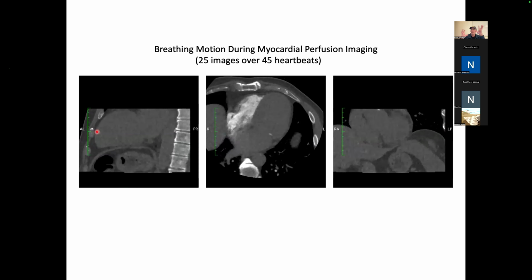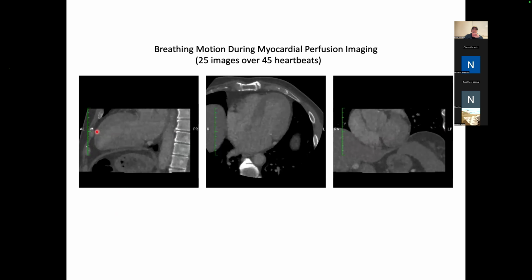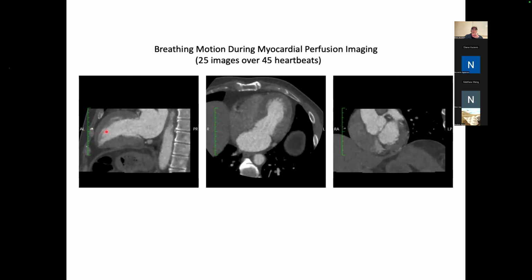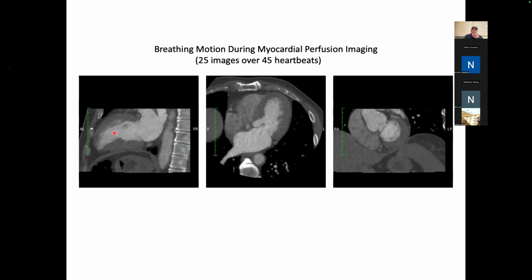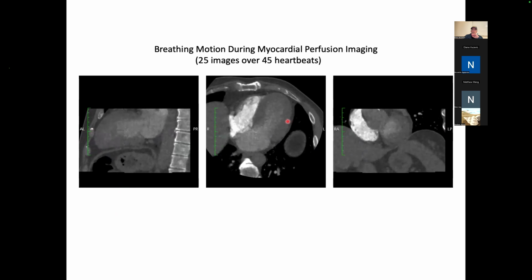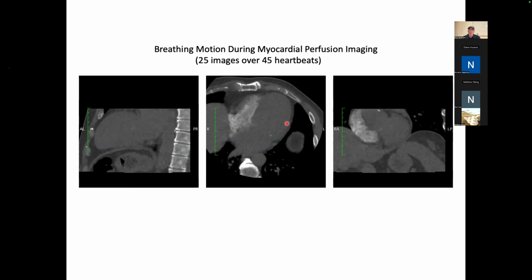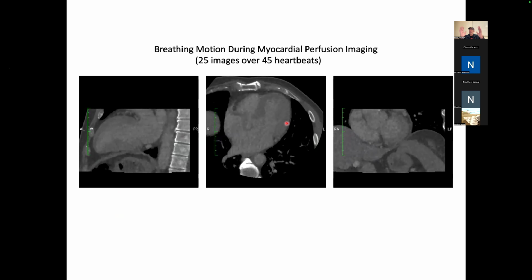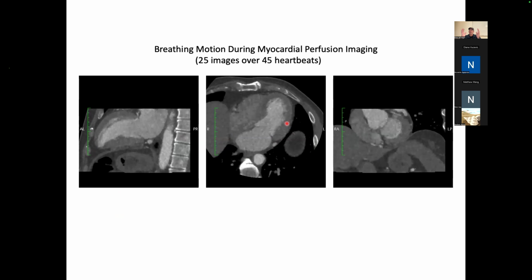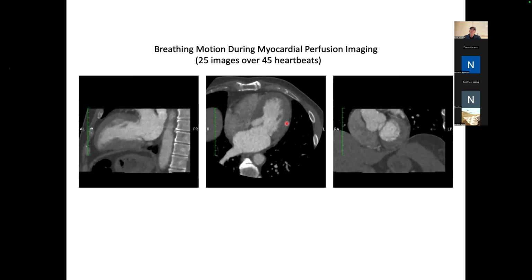So unless I can do a three-dimensional re-registration of this tissue, if all I'm doing is imaging a slice that's perpendicular here, like this one, that piece of myocardium not only is going back and forth this way, it's coming in and out of the plane. It's a different piece of myocardium, right?